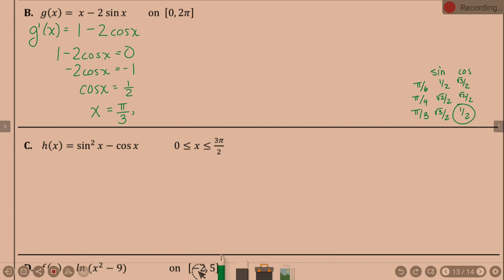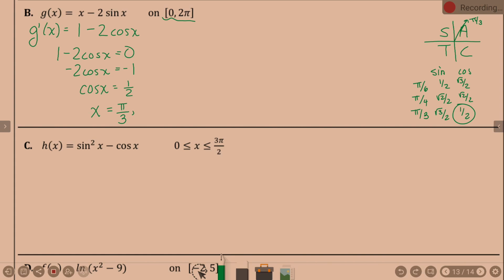Is that my only critical value there? I'm going to guess that. I put a comma, so there's your hint. Because what interval are we talking about? Oh, you can also have all the other ones. It'd be 4 pi over 3. Yeah. In my math, see, 1, 2, 3.